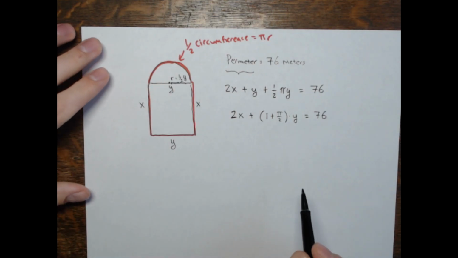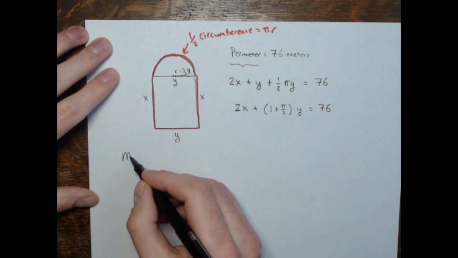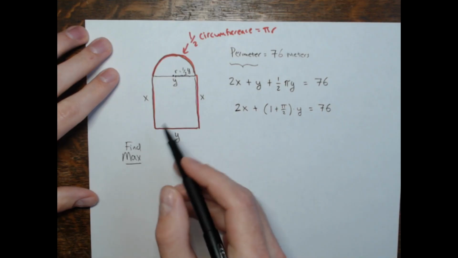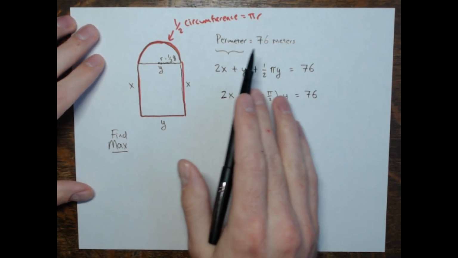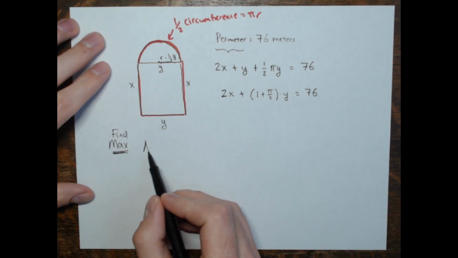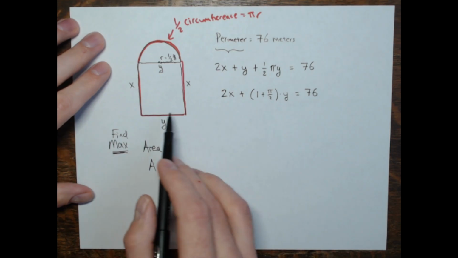All right, so now we're asked to maximize the area. So find the largest area, given this condition that the perimeter has to be 76 meters around here. I'm going to call that capital A.